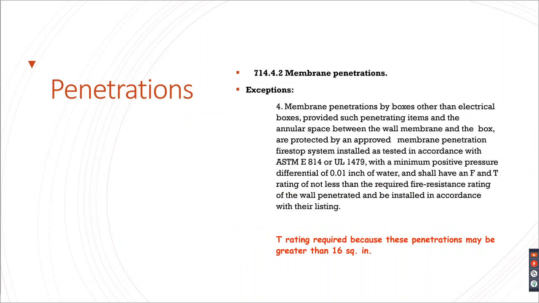And then exception 4, the membrane penetrations by boxes other than electrical boxes, provided such penetrating items and the annular space between the wall membrane and the box are protected by an approved membrane penetration fire stop system installed as tested in accordance with ASTM E814 or UL 1479, with a minimum positive pressure differential of 0.01 inch of water, and shall have an F and T rating of not less than the required fire resistance rating of the wall penetrated, and be installed in accordance with this listing, of course.